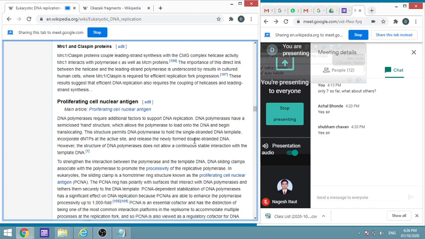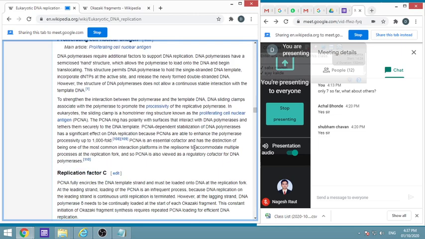It incorporates deoxynucleotide triphosphates, which are the energy molecules, and they release the double-stranded DNA. And the structure of DNA polymerase does not allow continuous stable interaction with the template DNA. So this is how this happens.